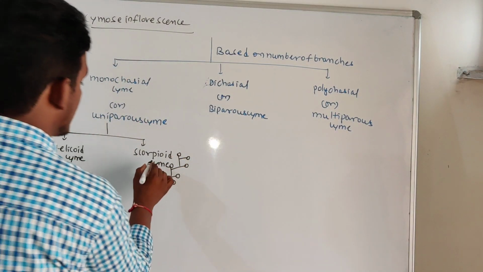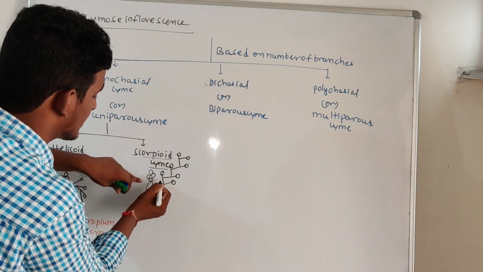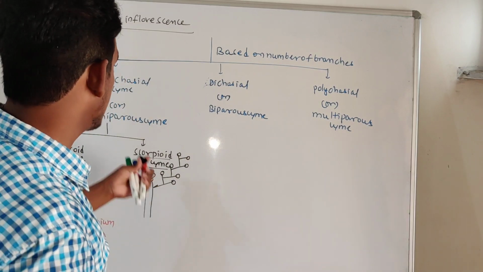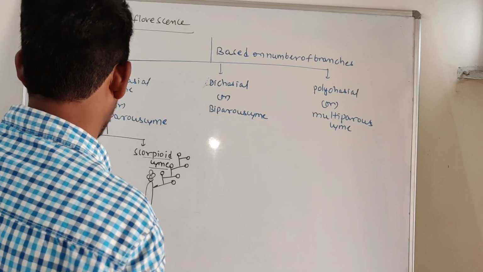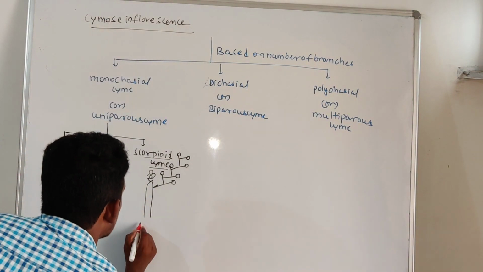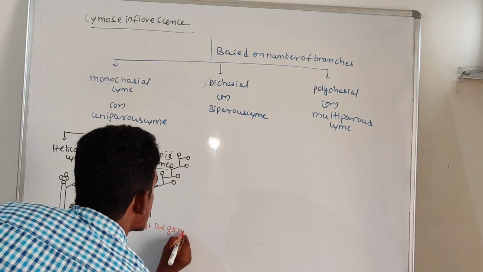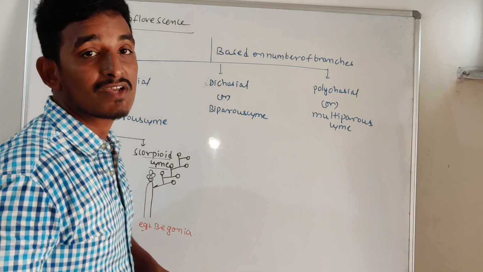This type of cyme is what we call a scorpioid cyme. Every time it produces opposite to the previous one. An example for this is Begonia.